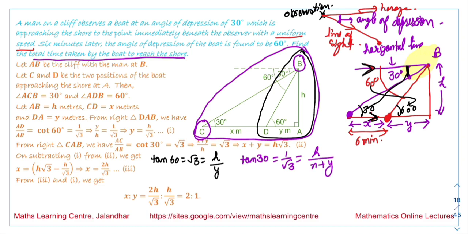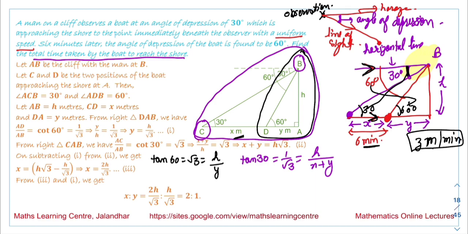Now suppose the speed of the boat is z meters per minute. The values given to us are in minutes, so we are considering that the speed is z meters per minute.